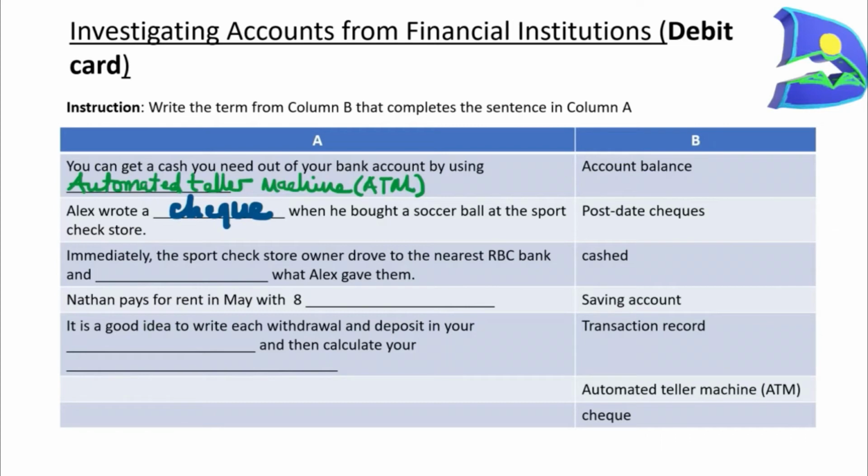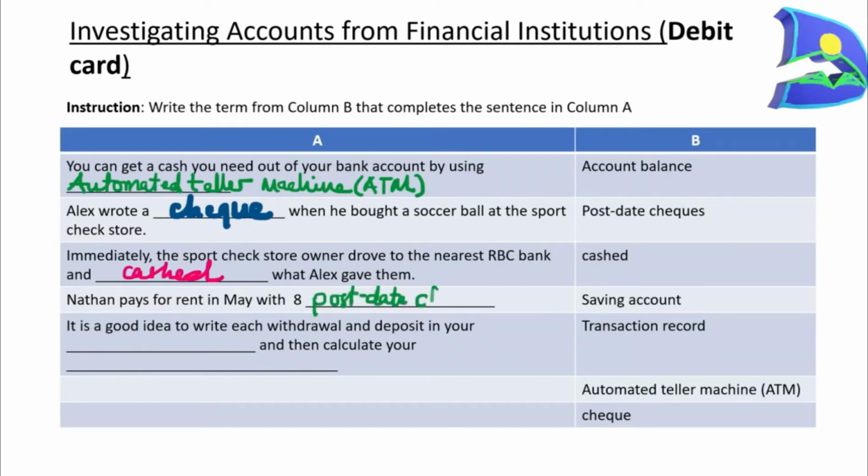The next one here is, immediately the Spot Check store owner drove to the nearest RBC bank and blank, with Alex giving them what Alex gave them. So you know that, of course, after you write a check and give it to the receiver, the receiver goes to the bank and cashes out that particular money. So that is how it is done. A sender gives a check to the receiver and the receiver cashes out that money in the bank.